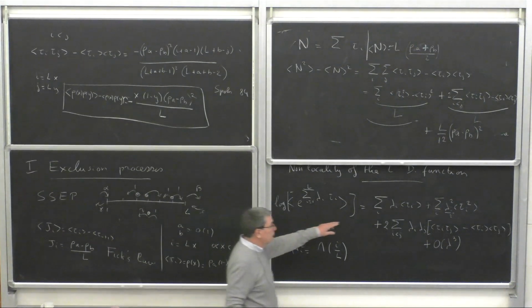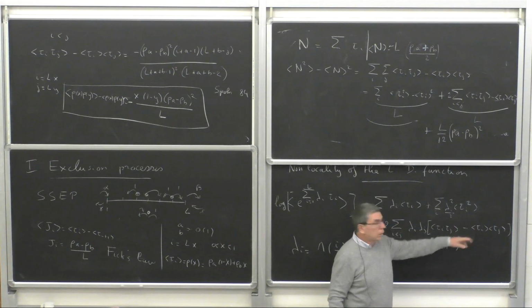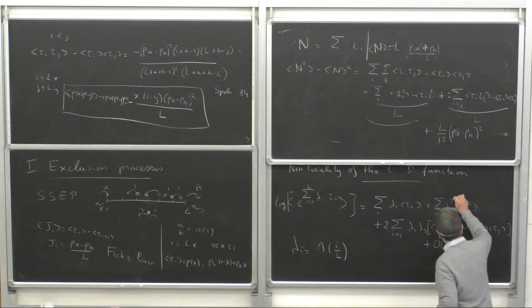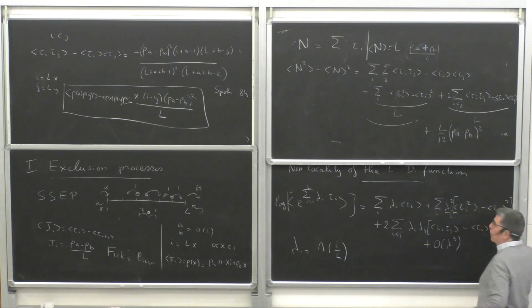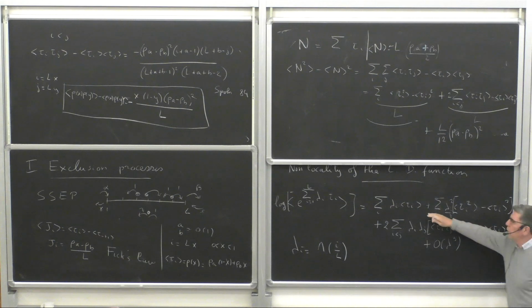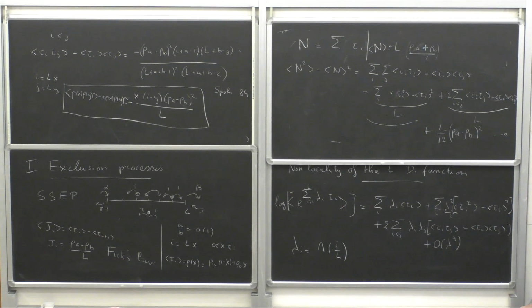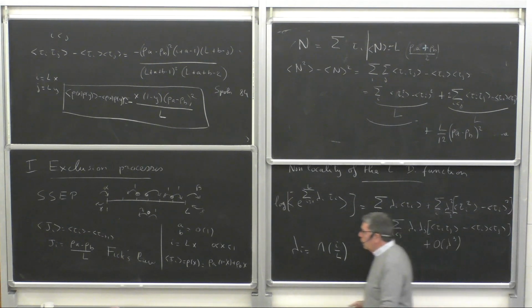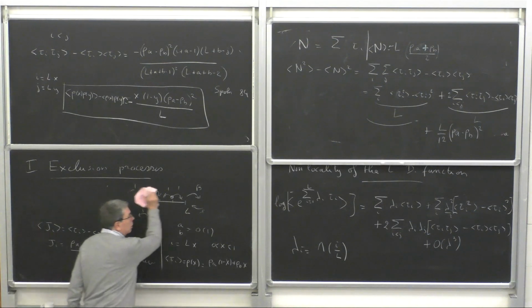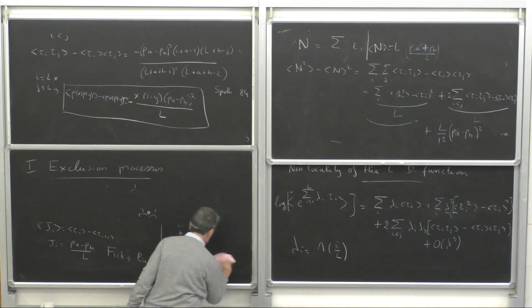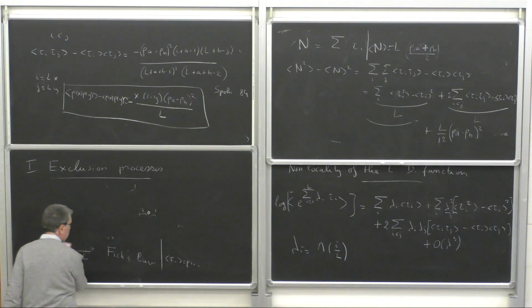But this part does not interest me because it will not contain any long-range part. Anyway, if you make lambda vary very slowly, then what do you get?